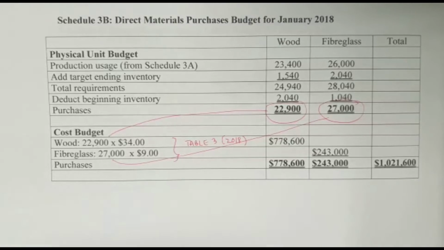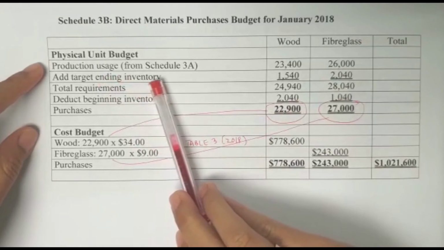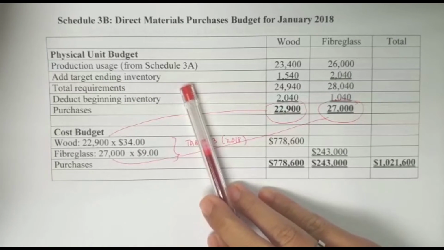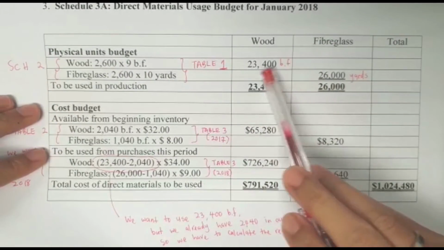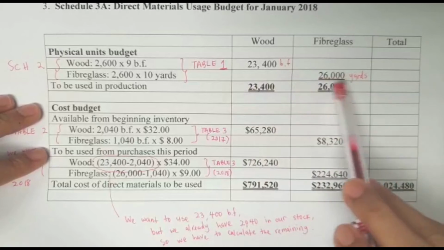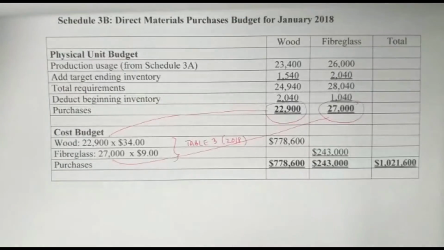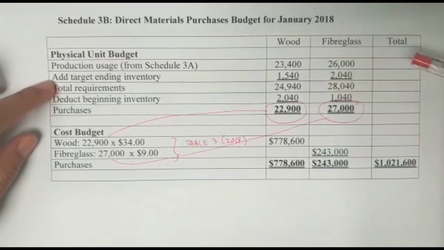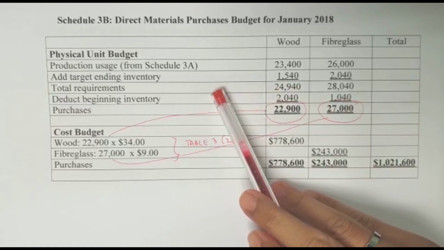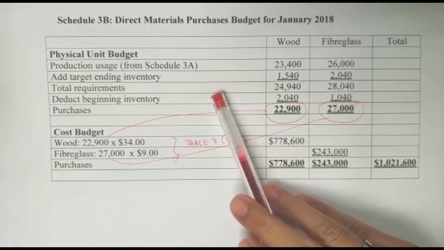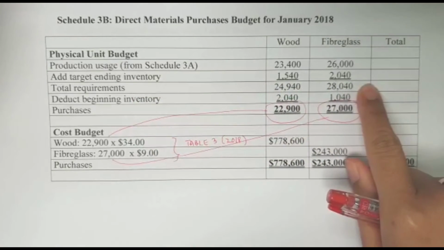Okay, we start with the physical units budget, where production usage is actually from schedule 3A before. Here is schedule 3A, and here is the amount that I want to show you, 23,400 and 26,000. All right, and we add target ending inventory. This information is given.